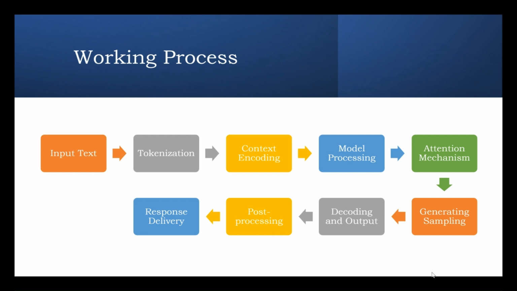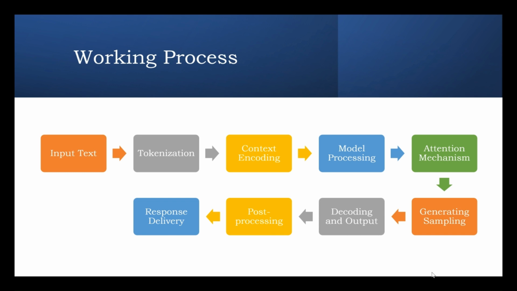Next, decoding and output. In decoding, the tokens are decoded into human-readable text. That means it is converted from numeric to text, because humans can only understand the text format. The model outputs the response, which can be a single sentence or multiple sentences for the given input.